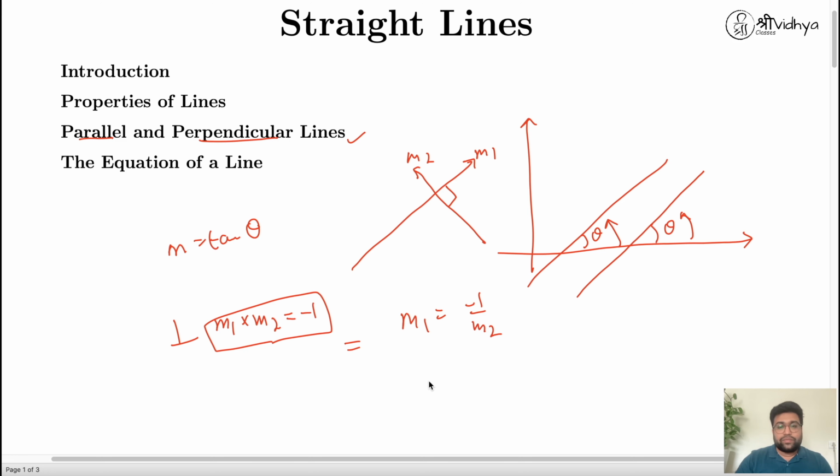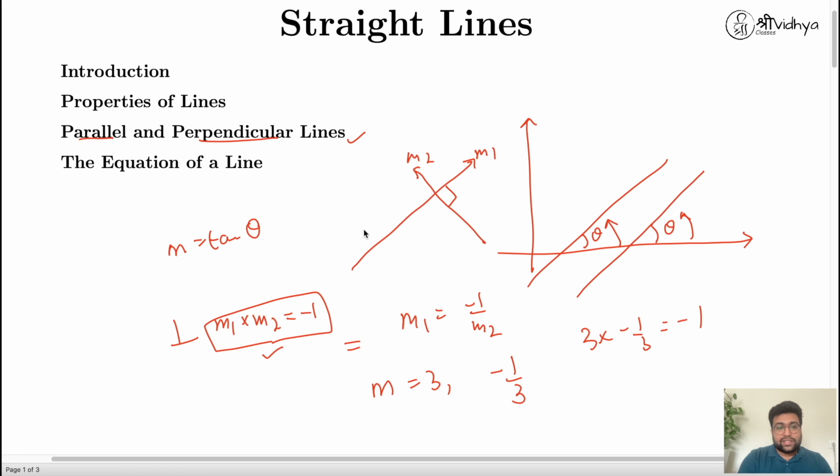For example, if a line had a slope of 3, then the line which is perpendicular to it will have a slope of -1/3. And you can also check that 3 into -1/3 is equal to -1. So that is how you can find the slope of a perpendicular line.